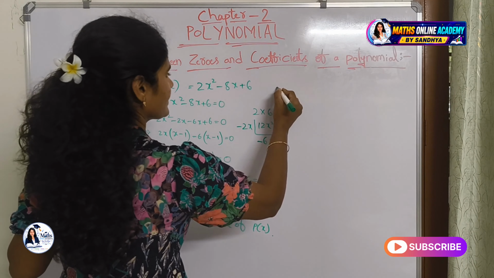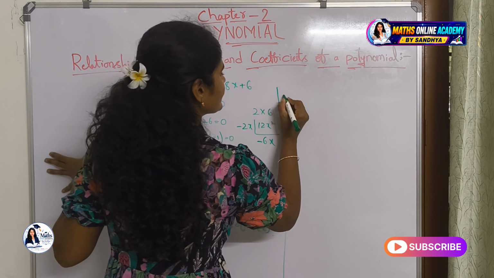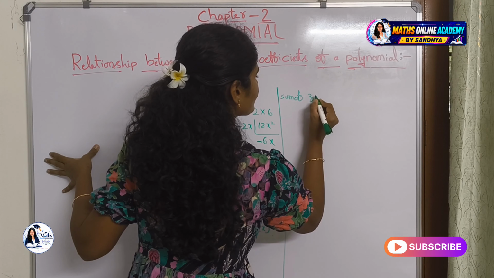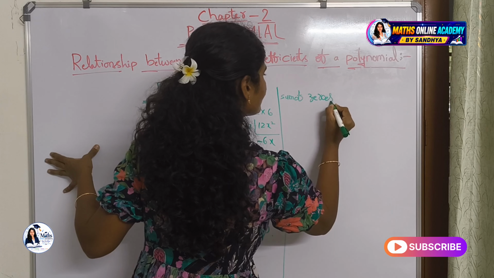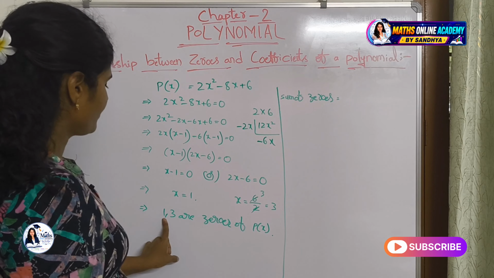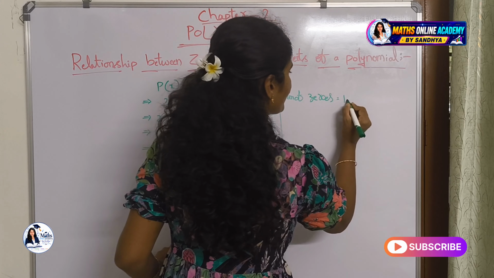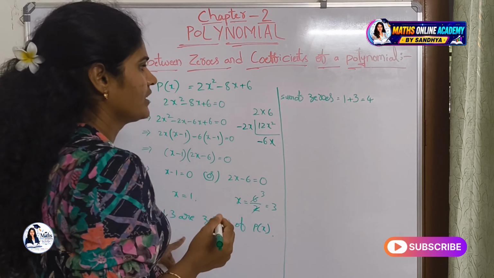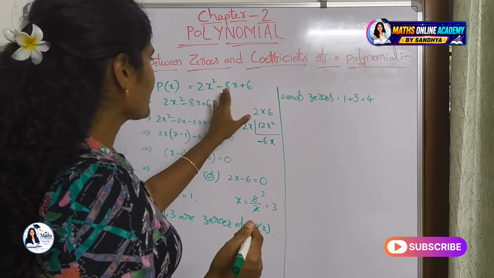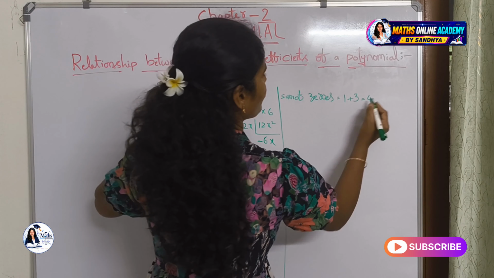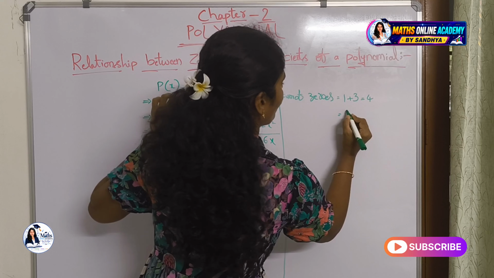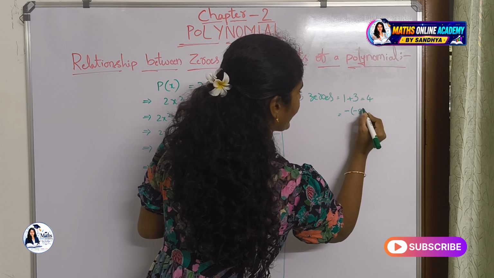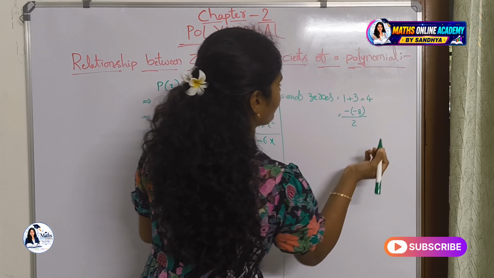So first take one condition: sum of zeros. Sum of zeros equal to what? 1 and 3, so 1 plus 3. 1 plus 3 equal to 4. Using the coefficients, you can write it like this: minus of minus 8 by 2.